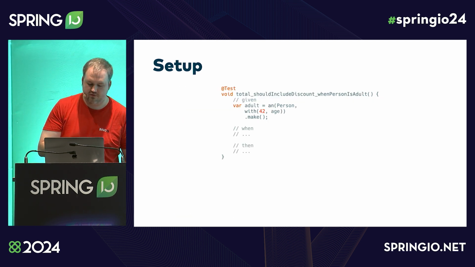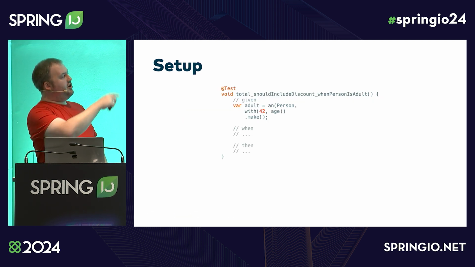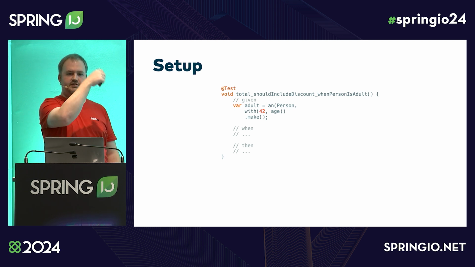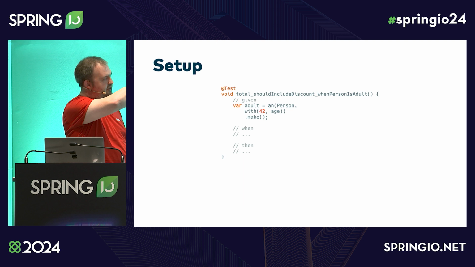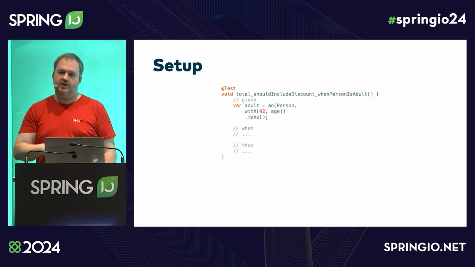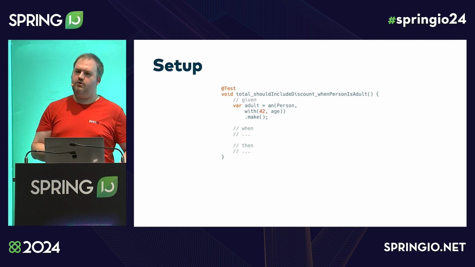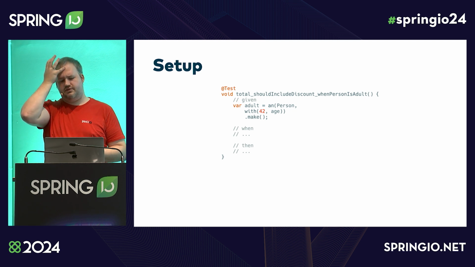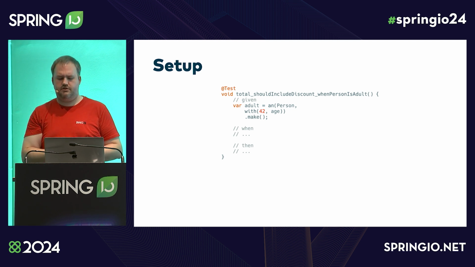And then you could write your test setup with an person, where an is a static import of the library, person is the instantiator, and then you can say with, and so on and so on. So you don't have to write all the code yourself. And I think there are many more libraries which you can find if you look for it.